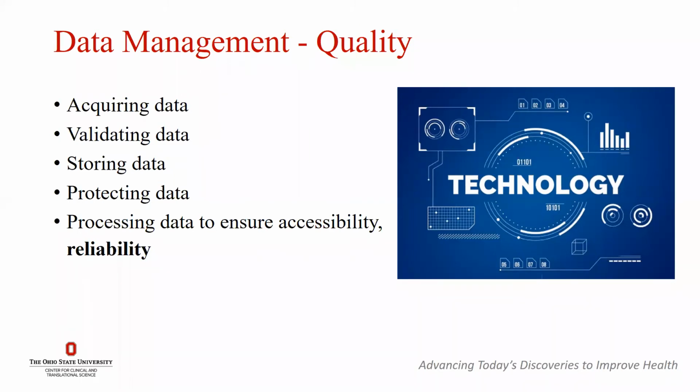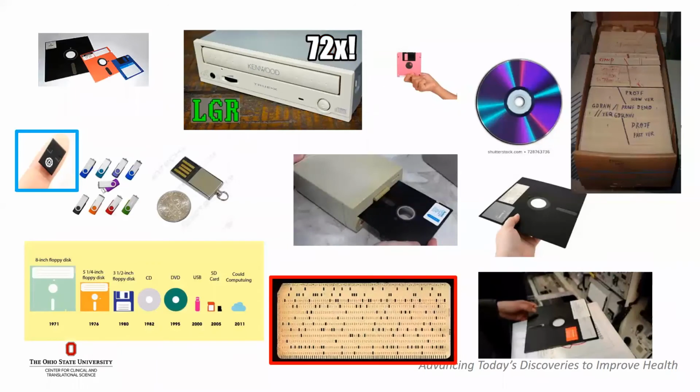Here you see a representation of just one piece of data technology, and that is data storage. If you look here, data storage, when I first started school back in the late 70s, early 80s, this card, you'll see it in a red border down to the bottom in the middle.